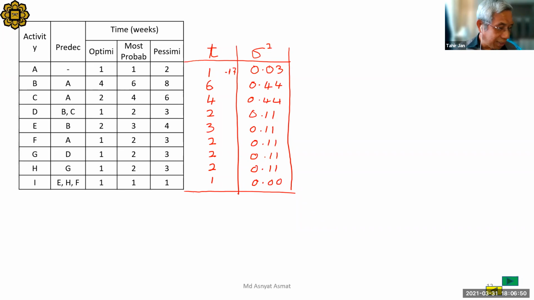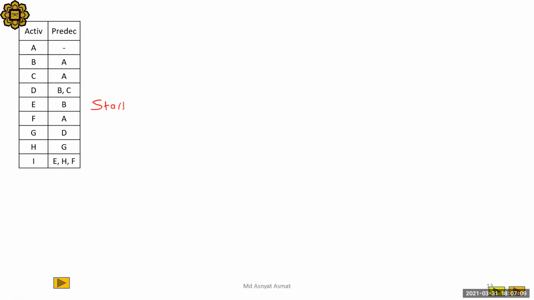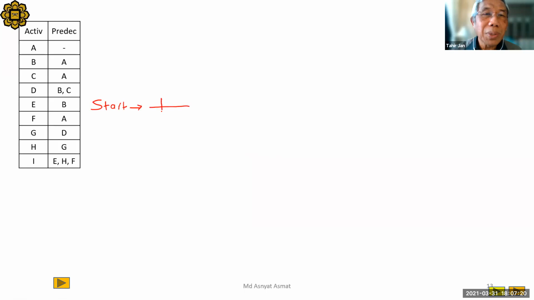This is more interesting because we have to decide how to finish. Okay, we draw the network. Now you do a smart way. Start, and then start A. Now we do a smarter way.